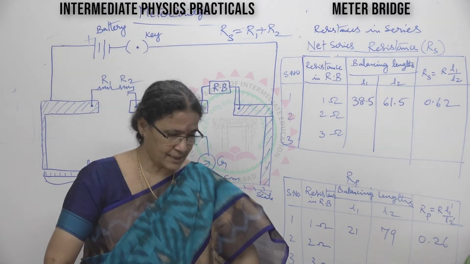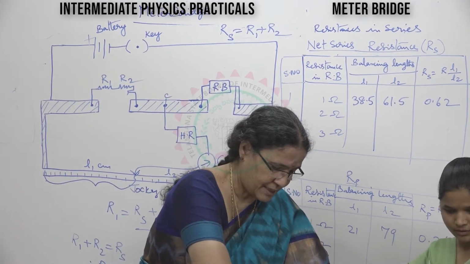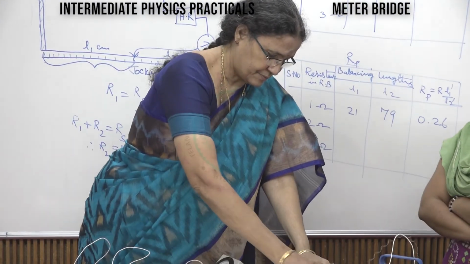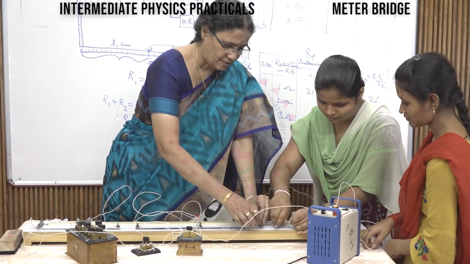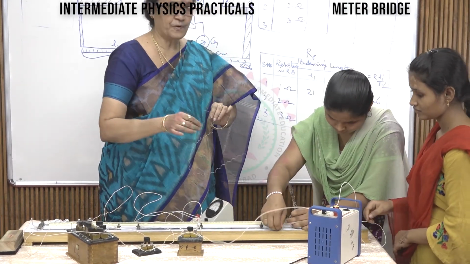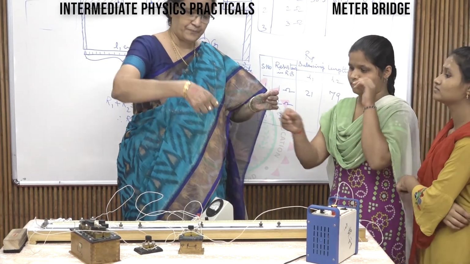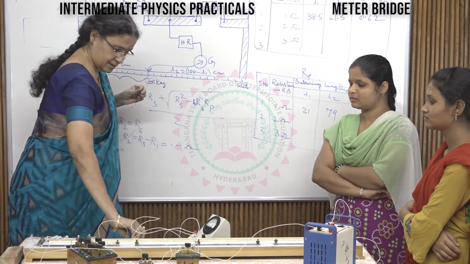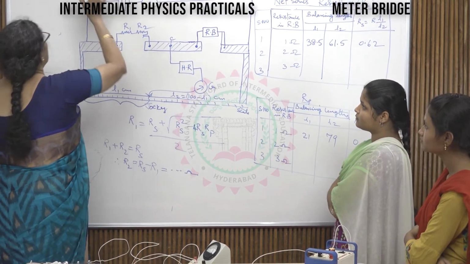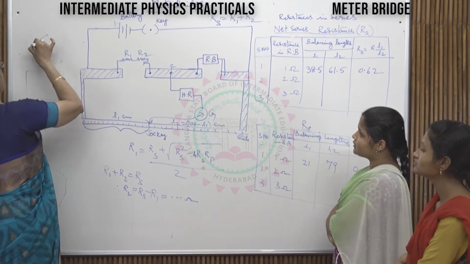Now, I'm taking out the two wires. We have to connect the same two wires in parallel. So, how do we connect parallel? This is the parallel combination. I'll show here.